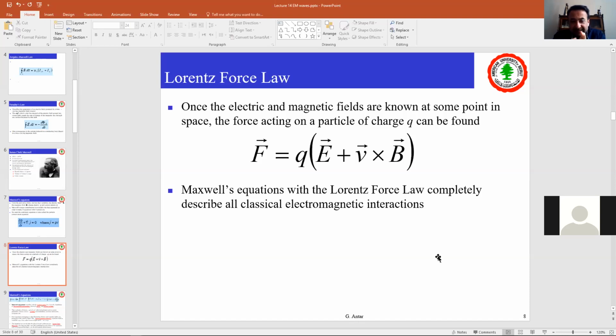If V is equal to 0, then the electric field will lead to acceleration. If V is different from 0, then I'm going to have a magnetic force which changes the direction of my particle's motion. Also, if the velocity is parallel to the magnetic field, then V cross B is equal to 0, and the magnetic field will not change the velocity of the particle.